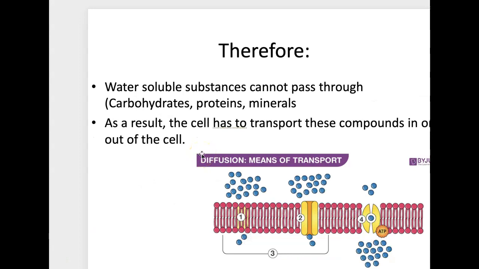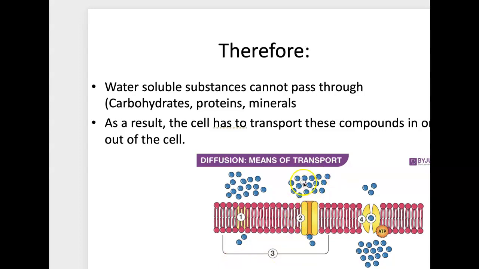And what this means is most water-soluble substances cannot transport in. Carbohydrates, proteins, minerals. So the cell has to transport these in. So this could be a gas. The gas can freely go through the cell membrane. And that's something called simple diffusion.